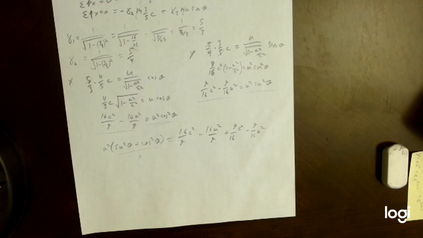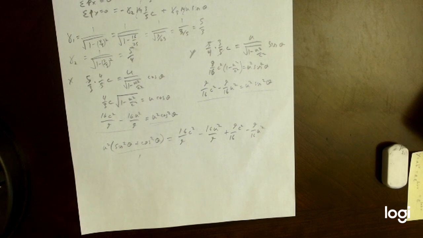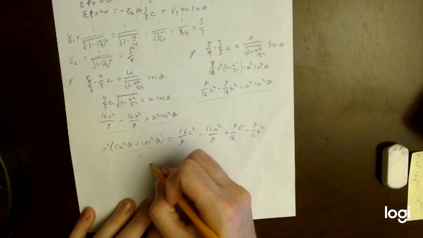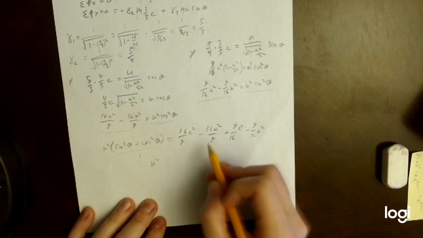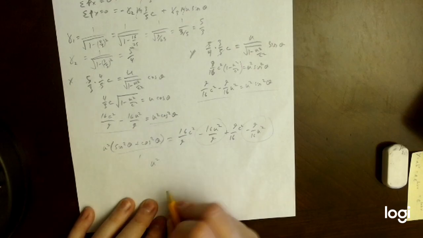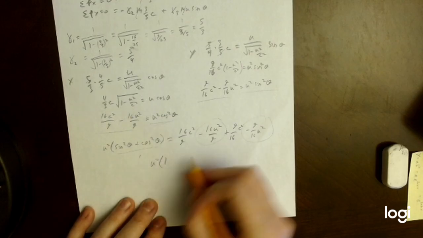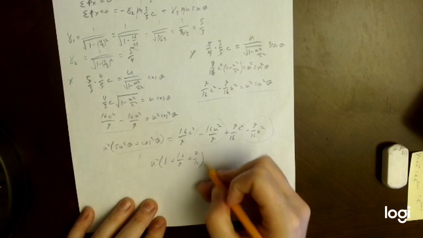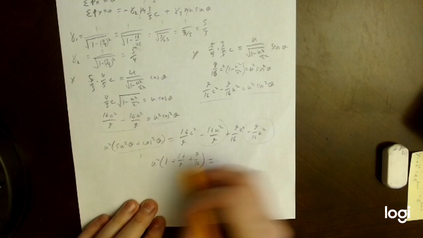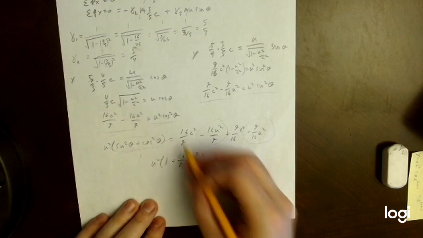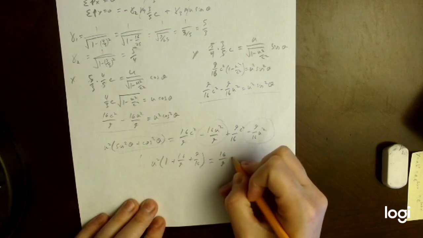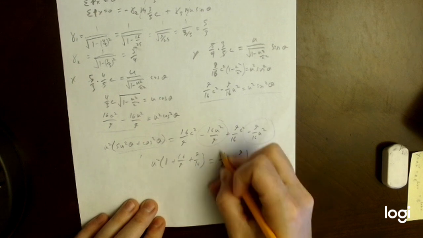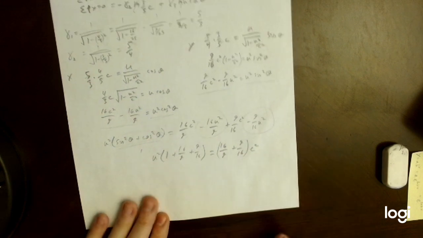Okay, so now, sorry, I need to make sure everything is all good still. This is u squared, and then I'm going to bring my other terms that have u squareds in them to this side as well. I'm going to have 1 plus 16/9 plus 9/16, and that will be equal to 16 over 9 plus 9 over 16 c squared.